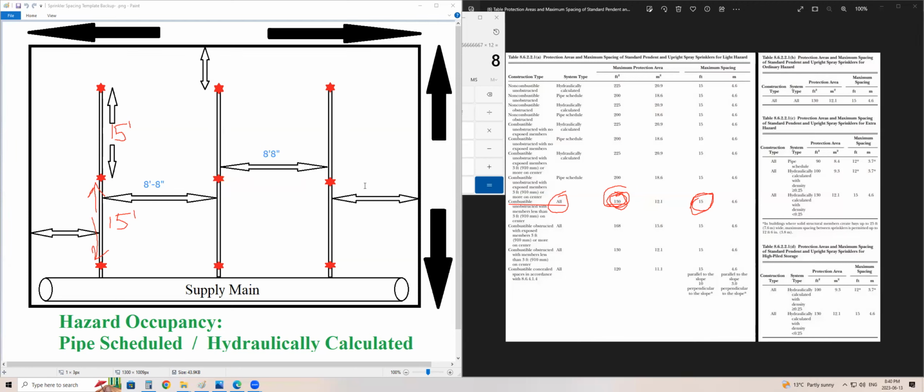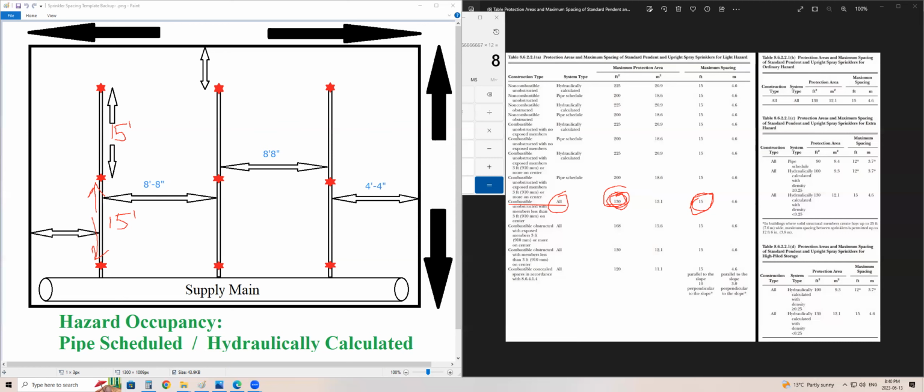Well, as I explained before, if I go 6 feet off the wall, I need to pretend it's 6 feet times 2, which is 12 feet, and I have to pick the larger dimension. So if I went 6, I'd have to treat this as 12. That means if 8 foot 8 is my maximum to obtain my 130 square feet, 4 foot 4 inches off of the wall is my maximum dimension I'm allowed to be.